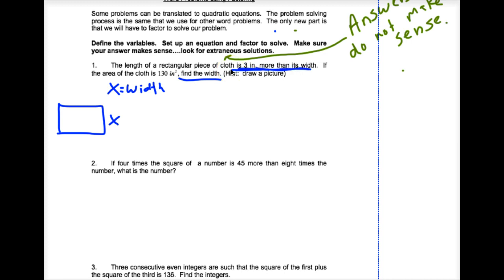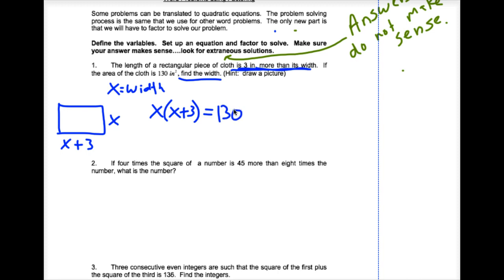We've defined the width as X, so that means the length has to be X plus 3. How do we find the area of a rectangle? X times X plus 3 equals the area, but they gave us the area in the problem. What number is it? 130.